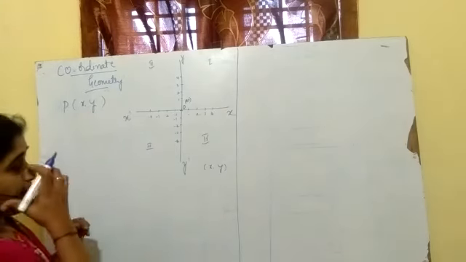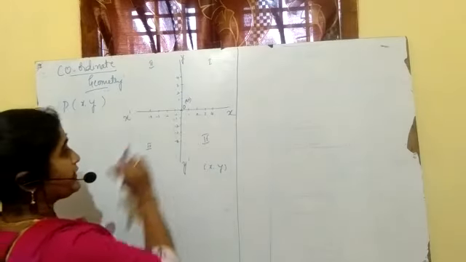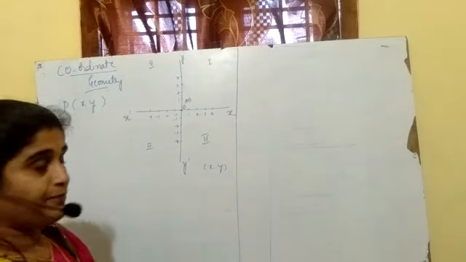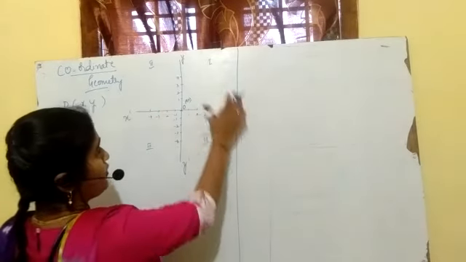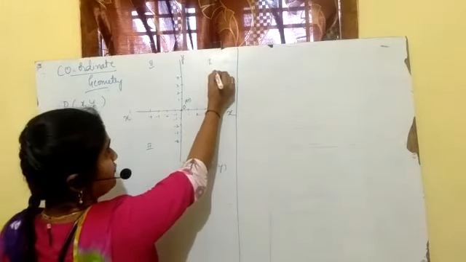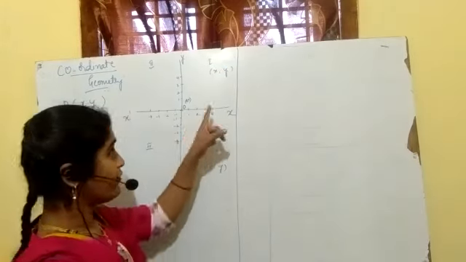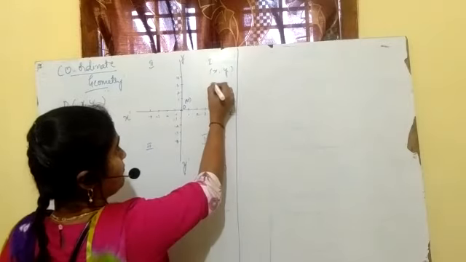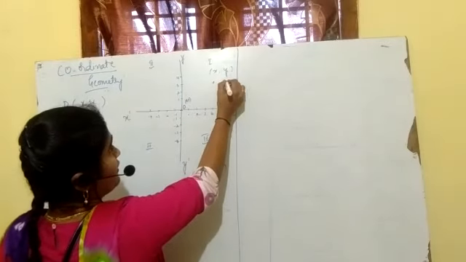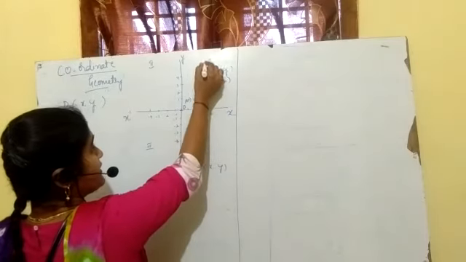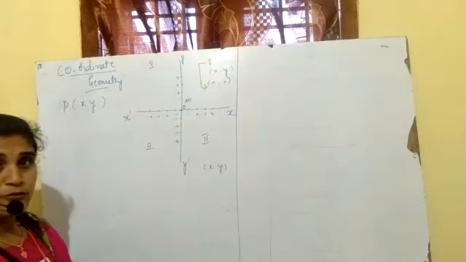For example, the x coordinate is 1 and the y coordinate is 2 like that. See here, in the first quadrant we first write the x coordinate, then y. Every coordinate is plus. Here also every coordinate is plus. So that is why this first quadrant is called the plus quadrant.